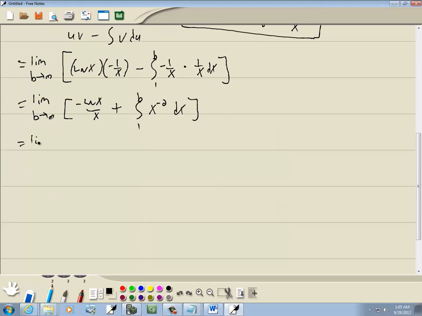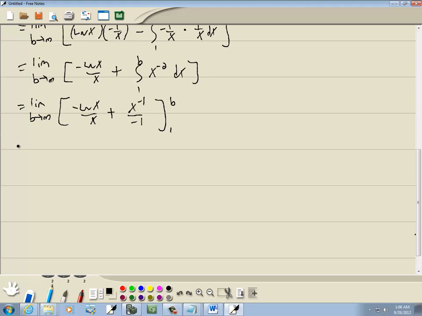So this becomes limit as b goes to infinity of negative natural log of x over x. Add 1 to your power, divide by new power, and then I'll apply that for both of those. Okay, so this becomes limit as b goes to infinity, and I could actually merge these together because this goes down below, and we have negative 1 over x in this.